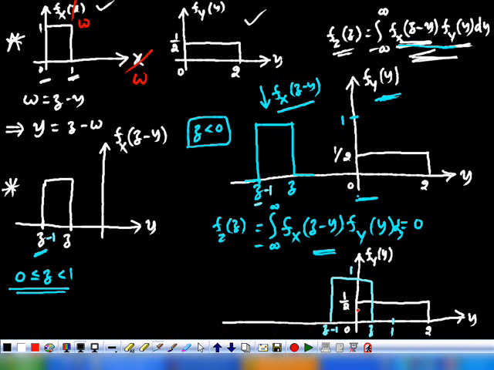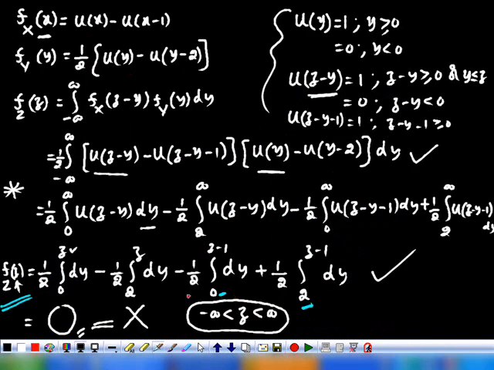Now find the integral. So here z is between 0 and 1, so we have to consider this integral, and then any other, this integral should be considered.